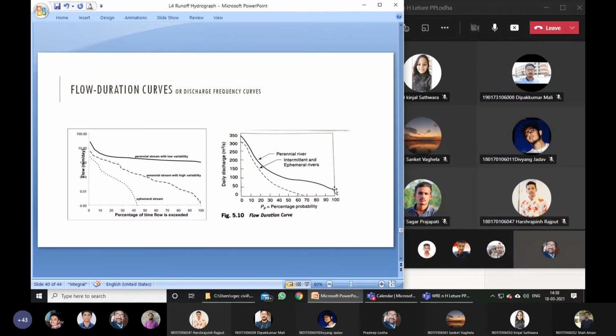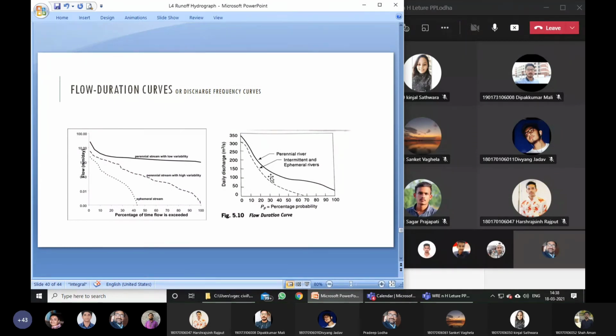Even at 100% surety, you could say it will have 50 cubics. Are you with me? If you look at my cursor, at 100% probability, meaning all the time throughout the year, this river will have at least 50 cubic of water. It means it's a perennial river, some flow is always there.